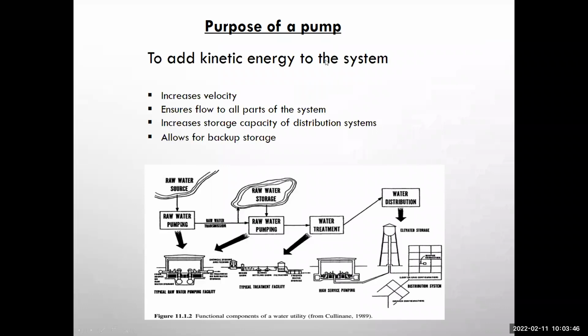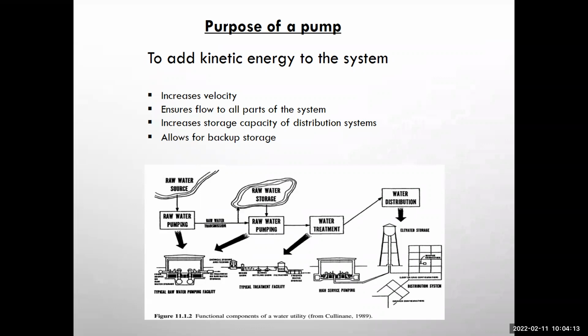Basically, the main purpose of a pump is that it adds kinetic energy to the system. Kinetic energy is related to velocity, so it increases the velocity and ensures flow to all parts of the system. It also increases the storage capacity of the distribution system, and it allows for backup storage.